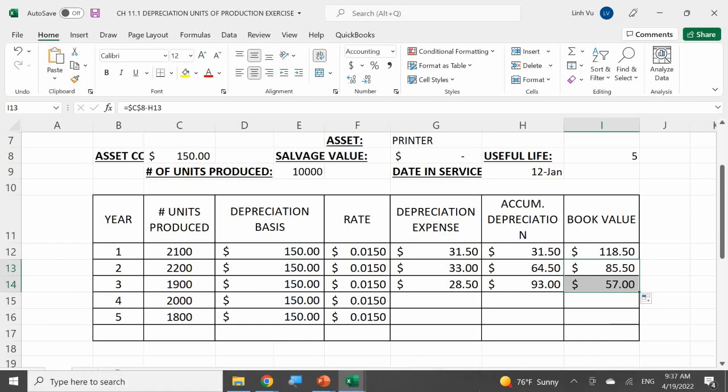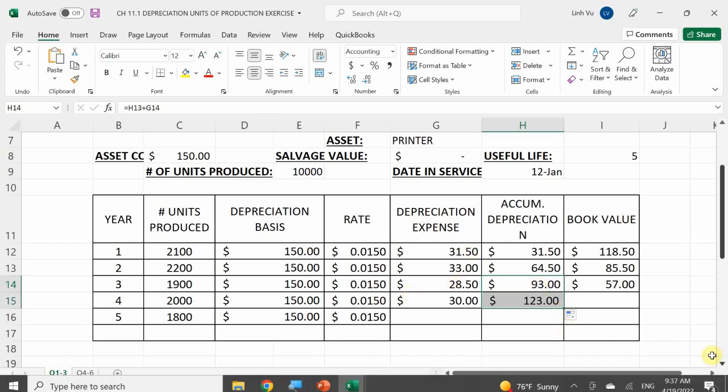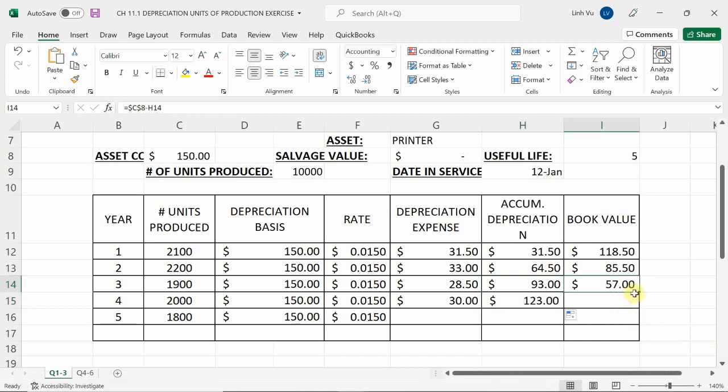Last 2 years. Okay. Year 4, I produced 2,000 units. What's my depreciation expense? 30. Okay. Accumulated depreciation? 123. Right. 93 plus 30 equals 123, which will give me a book value of 27.